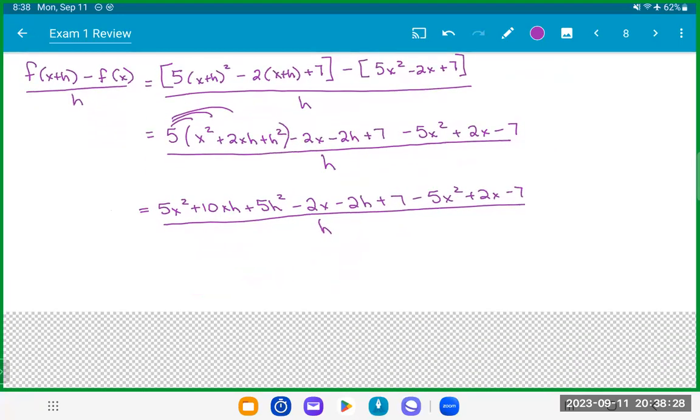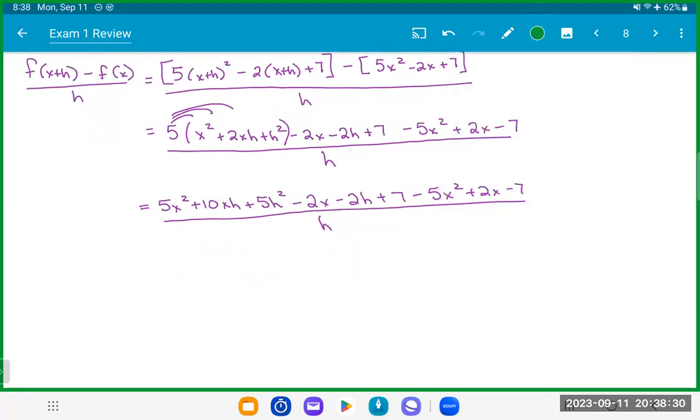Okay. Now we want to simplify our terms, but we can see we have a negative 5x squared, a positive 5x squared. We have a negative 2x. We have a positive 2x. We have a positive 7 and a negative 7. We can also see that we have an h term in every single one of the things that have remained.